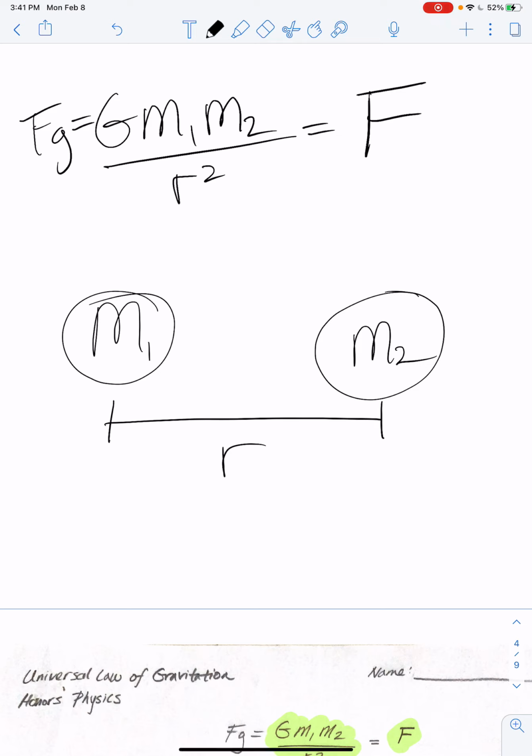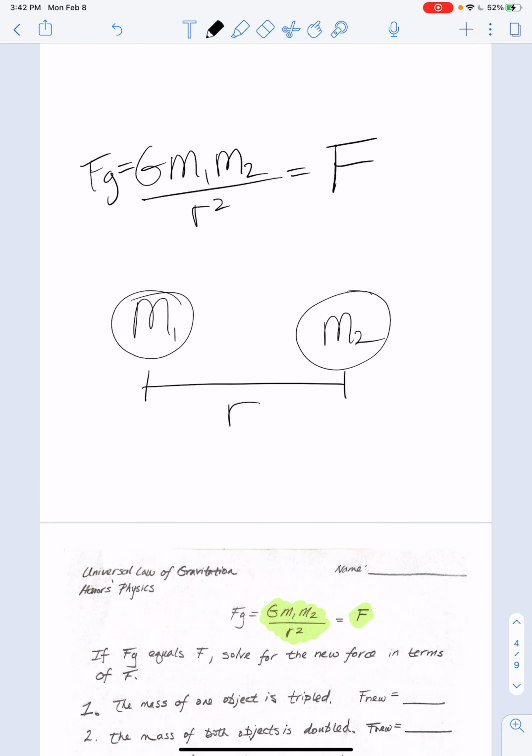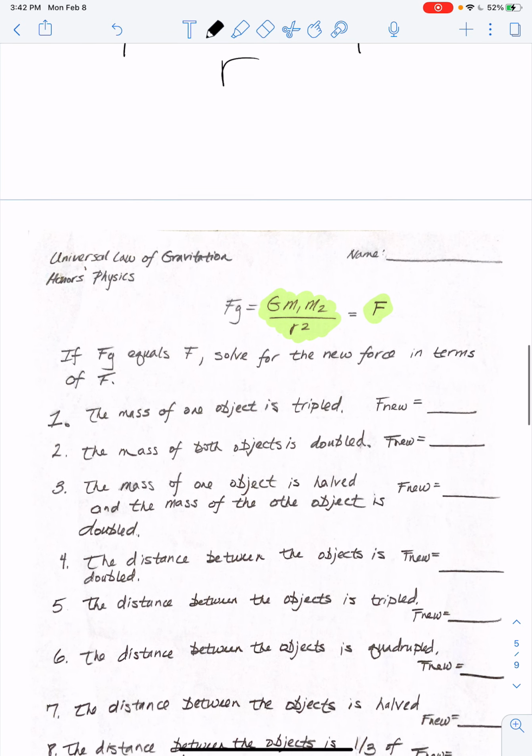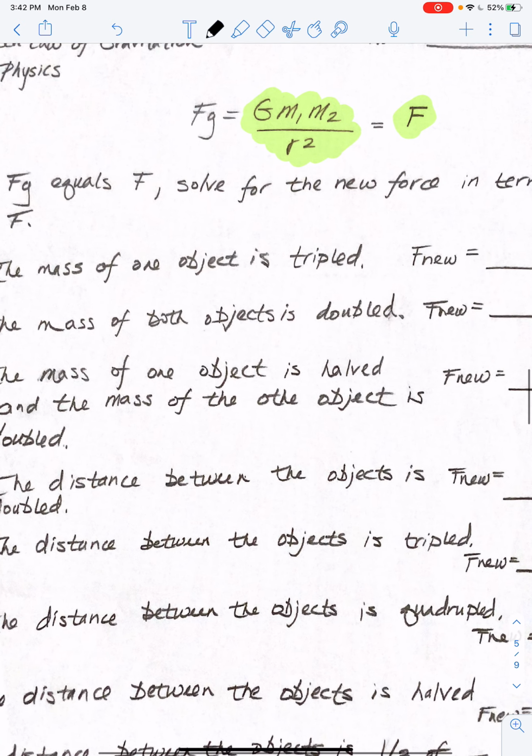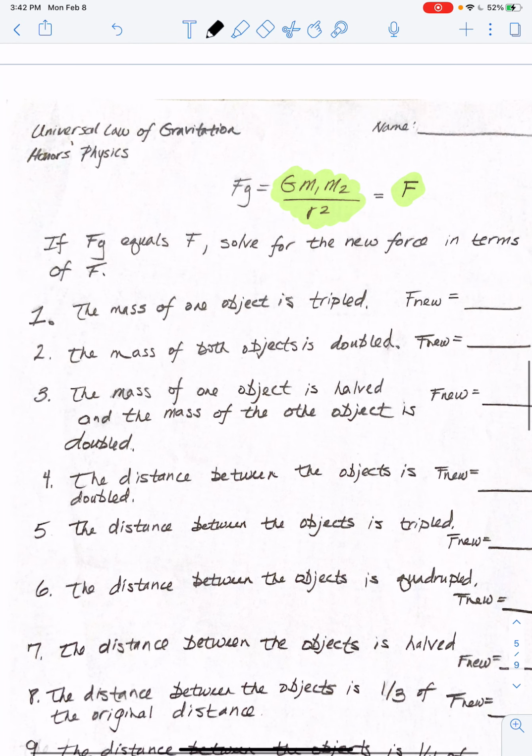Now, what happens to Fg, the force of gravity, compared to the original force when we make changes to these objects? For instance, the first problem says if the mass of one object is tripled, what is the new force?